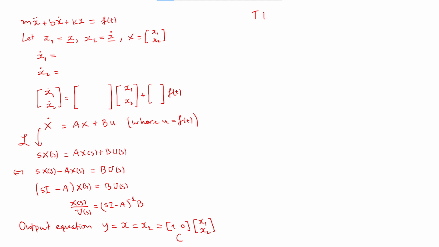Then the transfer function from input u, or f of t, to output y of t is defined by y of s, which is equal to C times h of s.